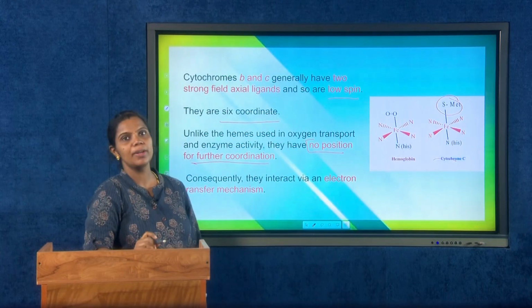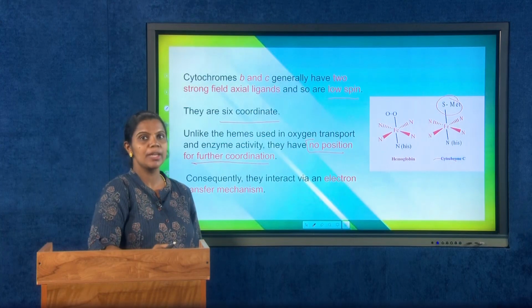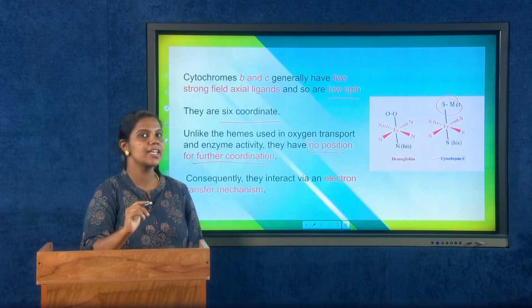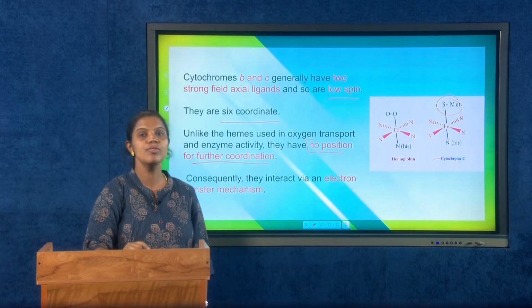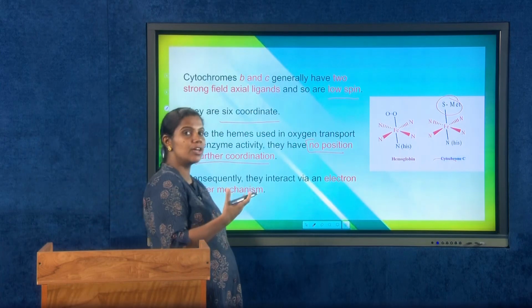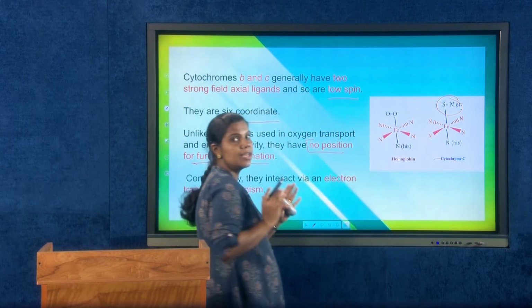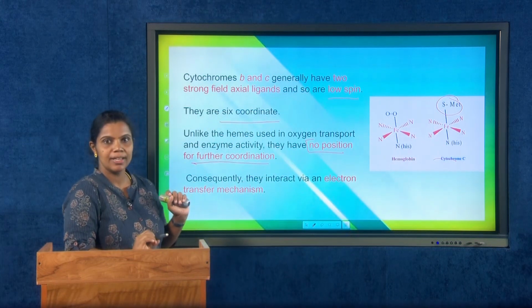In hemoglobin, we will see in further lectures that deoxyhemoglobin is actually pentacoordinated and it has a site for the binding of dioxygen. But in the case of cytochrome, you do not have any further vacancies, since it is 6 coordinated, it is completely coordinated.